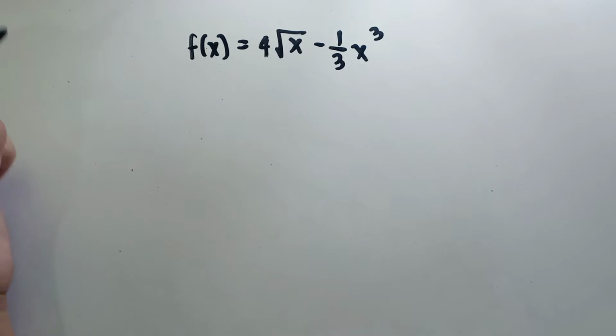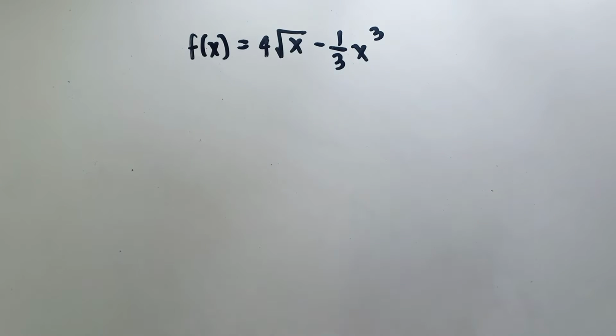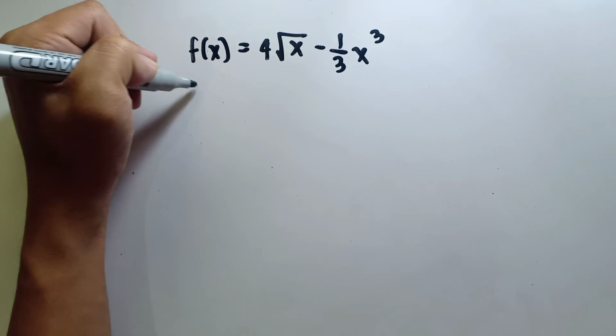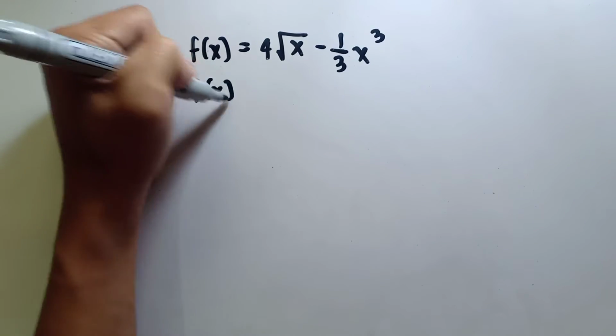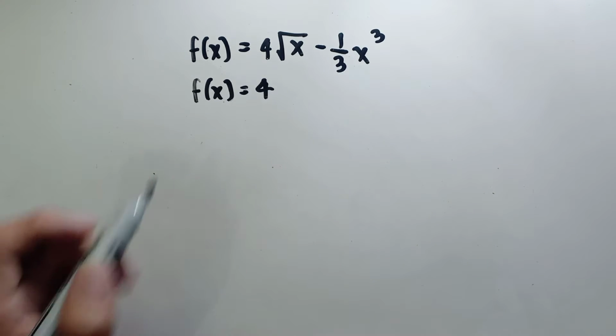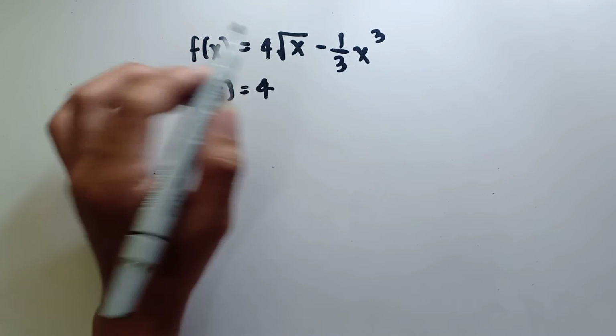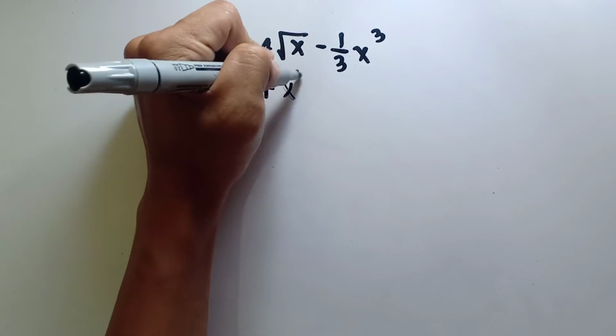So we can simplify this radical form to fraction exponent form. So f of x is equal to the fraction exponent form of this radical. The square root is just x raised to 1/2.